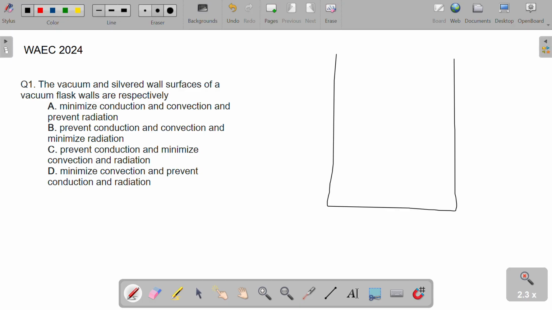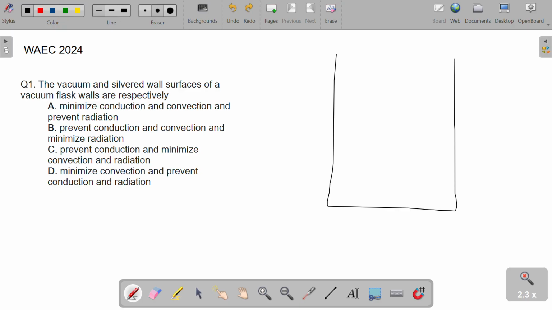That is because in a vacuum, air molecules or particles are not present, because a vacuum is where there is no air, so conduction and convection, which require a material medium, cannot be transferred, so it prevents conduction and convection.